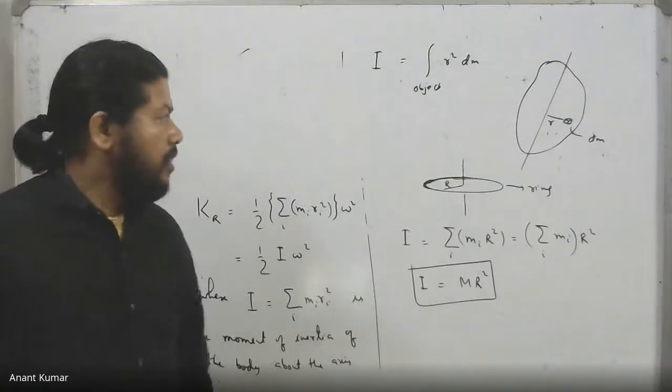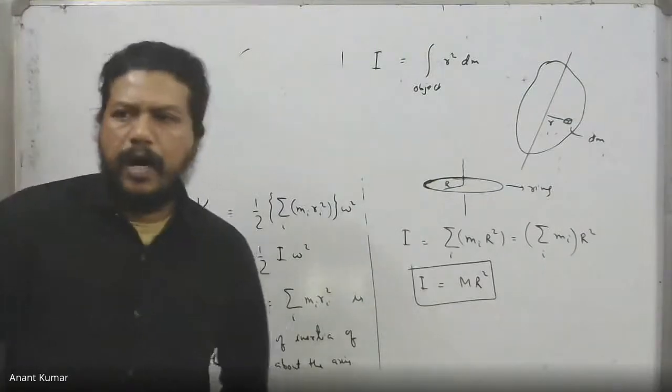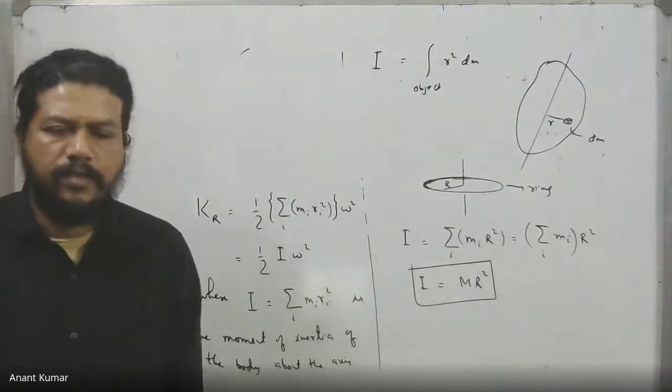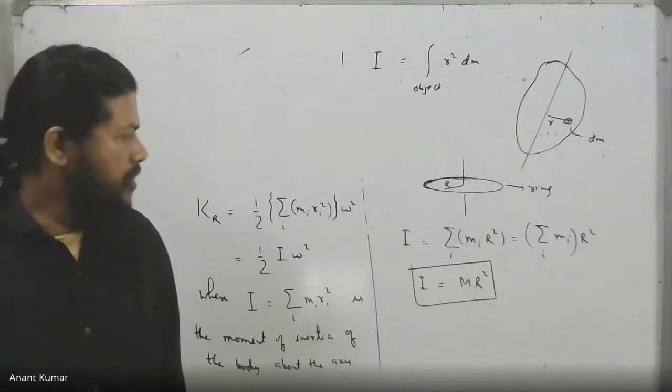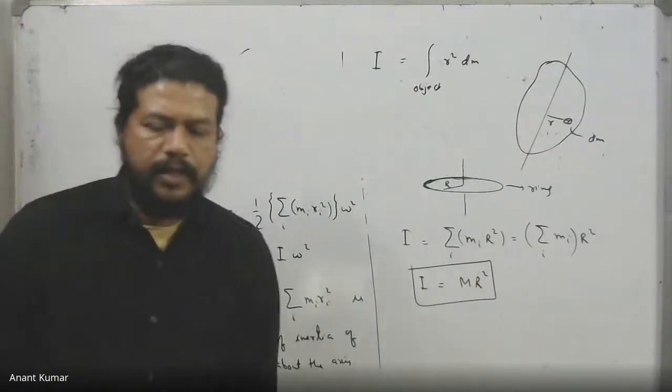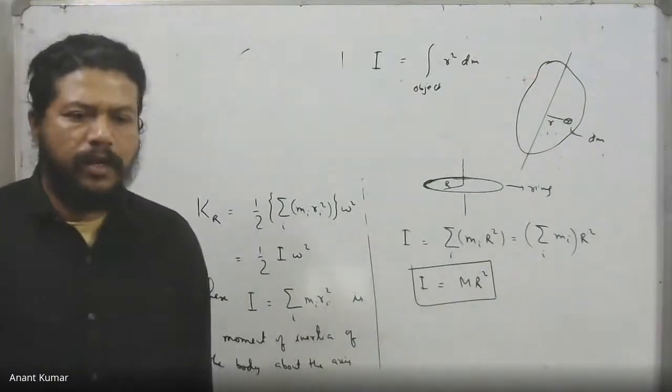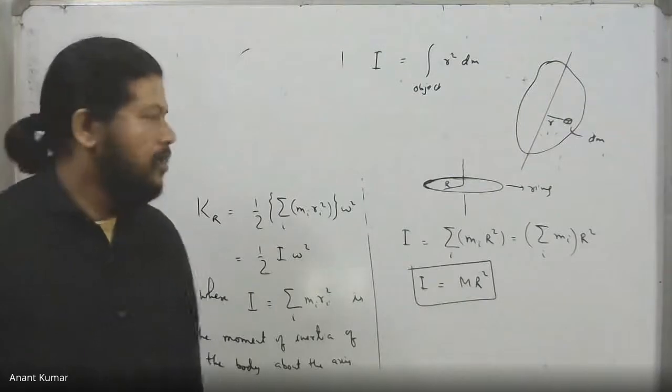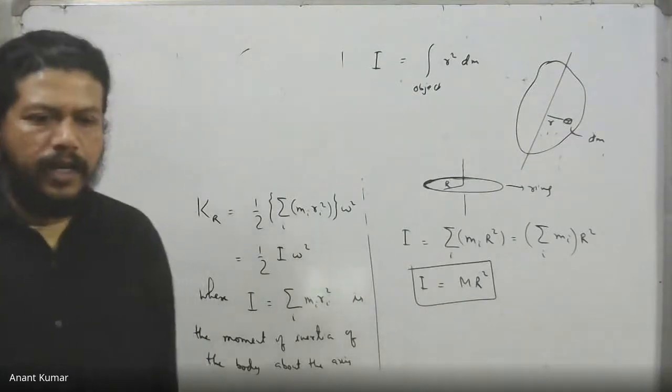In fact, whenever the mass is located at the same distance from the axis, the moment of inertia will be mR square. It is mR square for a ring about its central axis, or for a cylinder, for example.